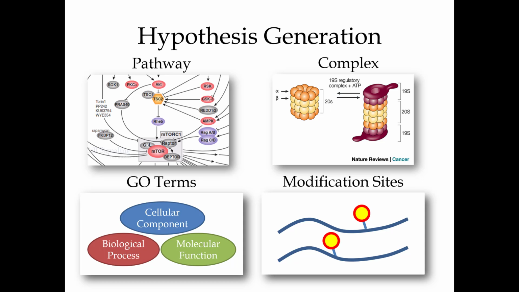But at this point, we'd say that your hypothesis could come from narrowing down. Say, I want to look at a specific pathway, and that will limit the number of things you're going to look at. You could be investigating a certain complex. I definitely have seen some really great presentations from people who were really just looking at a few proteins in a complex and trying to understand how that complex functioned.